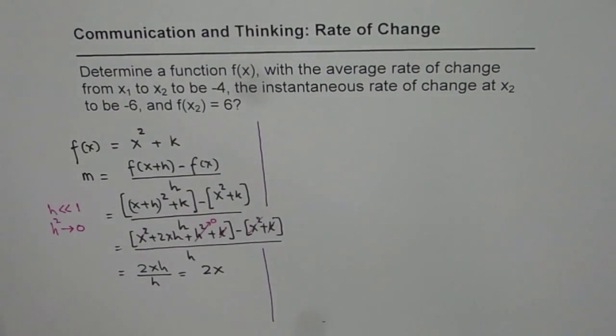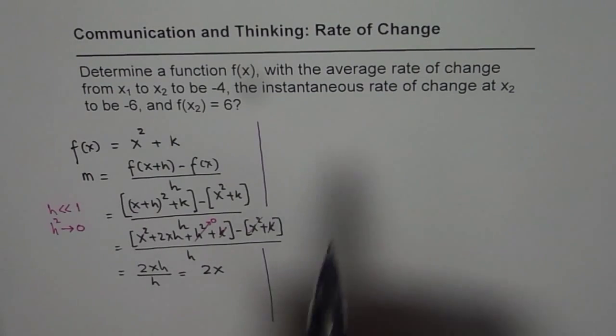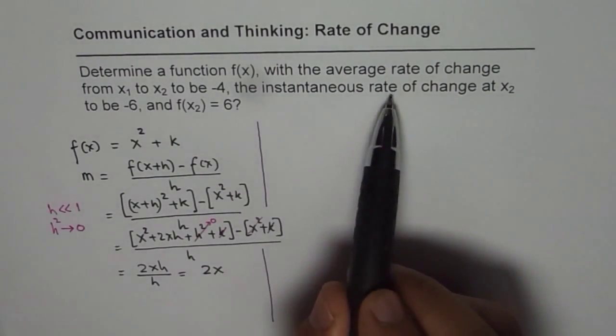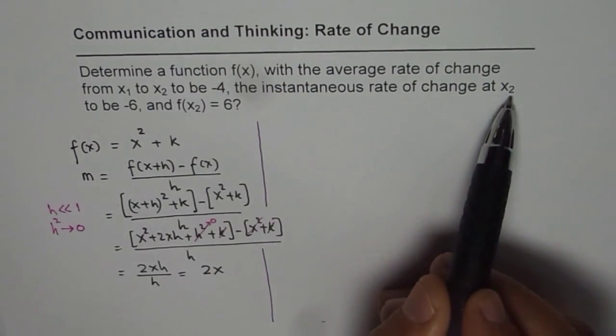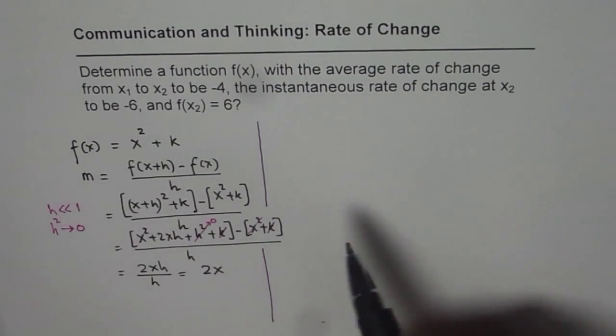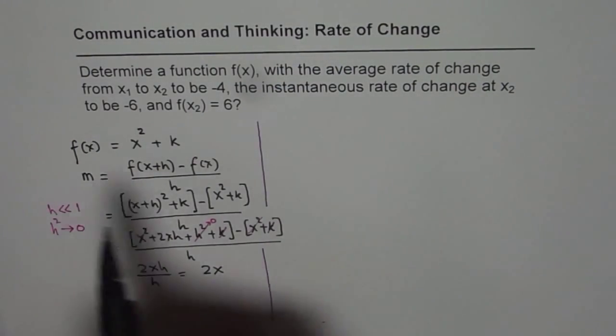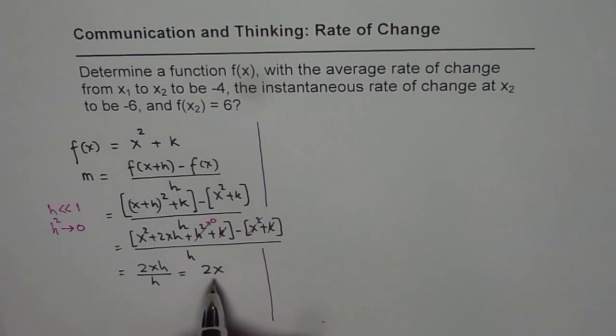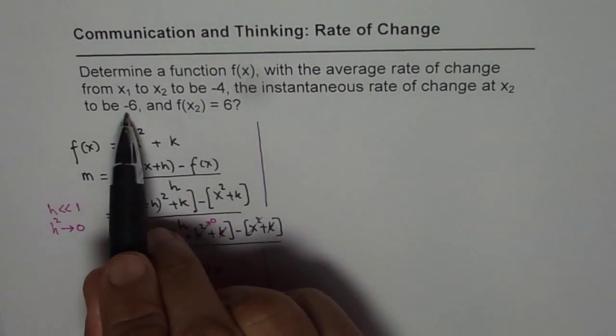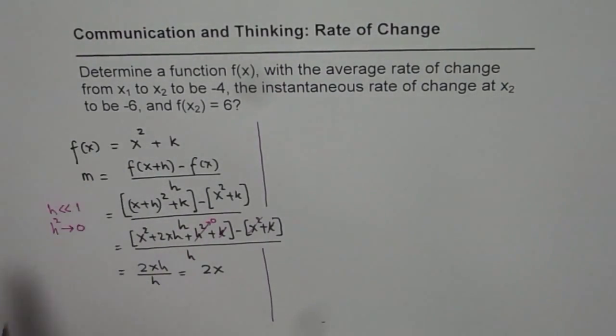I have very little space to do this question, so I'm squeezing in. So this is what we have learned. What do we want to know? Instantaneous rate of change at x2 to be minus 6, right? So at some point x2, the instantaneous rate should be minus 6. That means the slope should be minus 6.